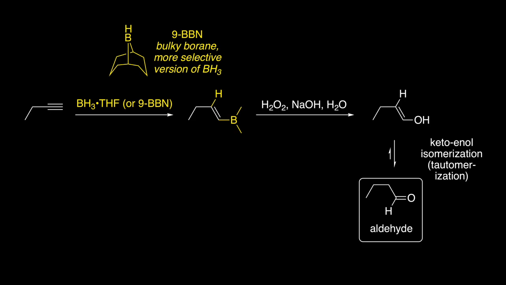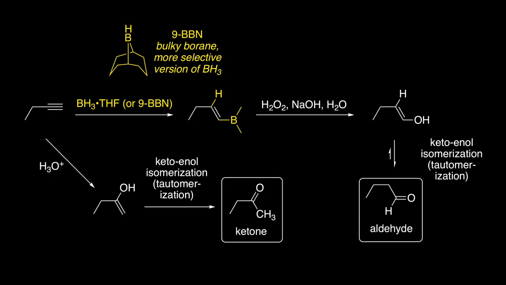Only this time we get an aldehyde, whereas last time we got a ketone from the more substituted OH. So this gives us some really useful regioselectivity. I can get two different carbonyl compounds by reaction of this alkyne.